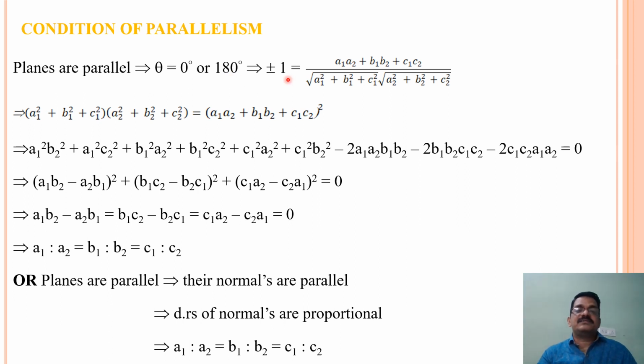So plus or minus 1 is equal to a1 a2 plus b1 b2 plus c1 c2 by square root of a1 square plus b1 square plus c1 square into square root of a2 square plus b2 square plus c2 square. Then, simplifying, a1 a2 plus b1 b2 plus c1 c2 whole square is equal to a1 square plus b1 square plus c1 square whole into a2 square plus b2 square plus c2 square.